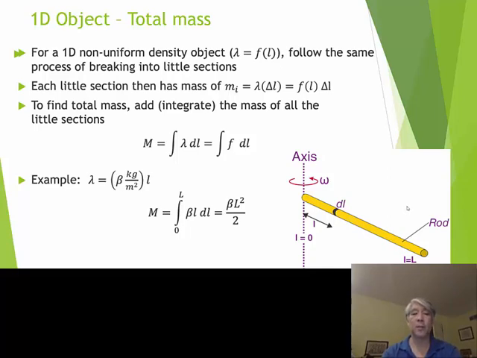For example, if lambda is equal to some constant beta times distance from the axis, integrating that from 0 to L gives me a mass of beta L squared divided by 2. That's the total mass of this rod with a linear density function lambda, which starts at 0 close to the origin and goes all the way out to beta at, say, 1 meter.